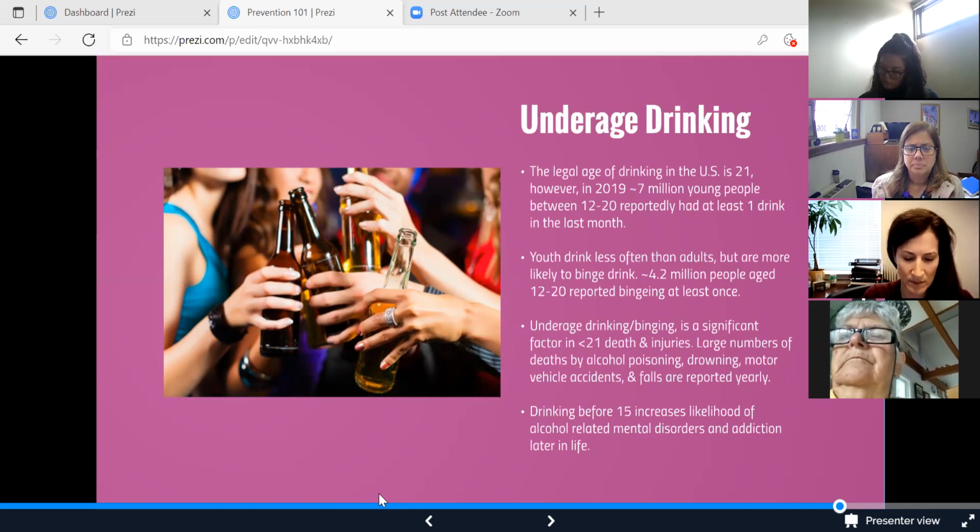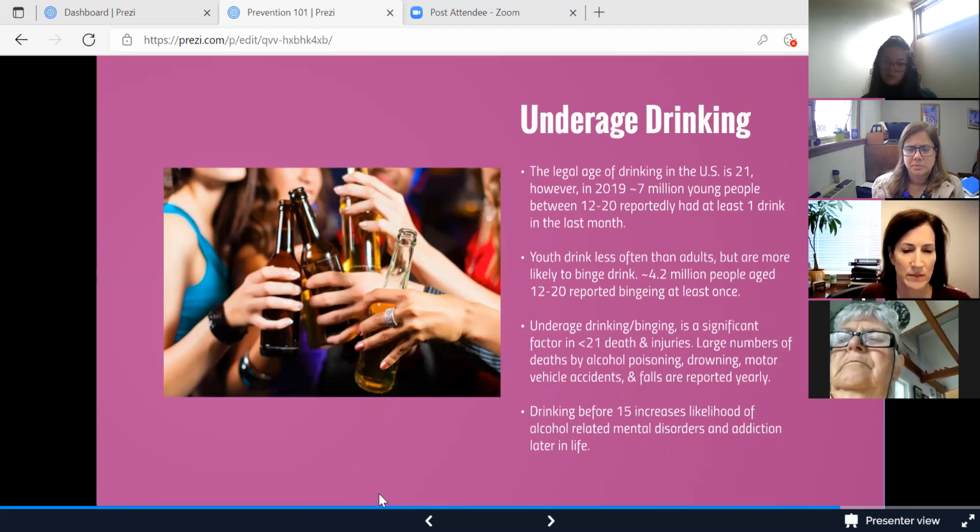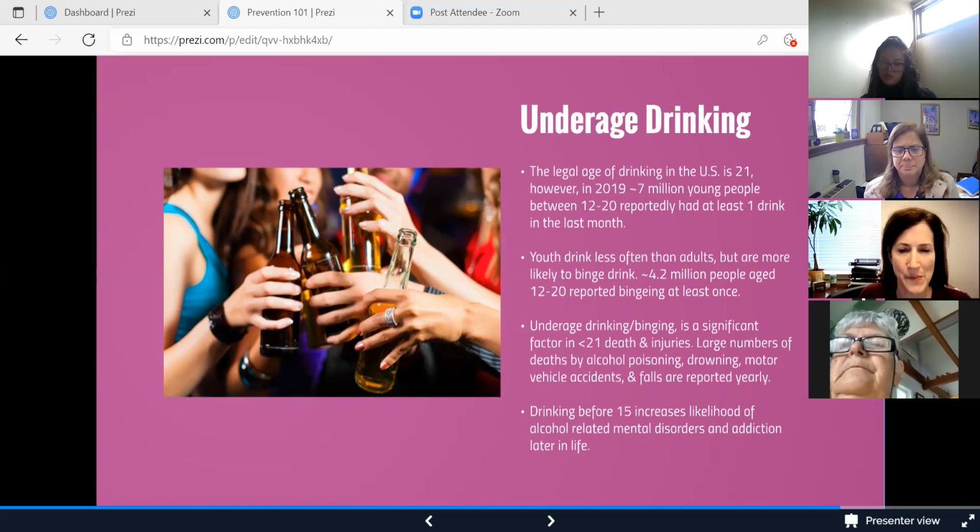Youth drinking is a lot more dangerous than adult drinking, of course, because youth are not as developed mentally to begin with. Youth are also less likely to drink often. However, they're more likely to binge drink, and that is having 4 to 6 drinks at one time. About 4.2 million people aged 12 to 20 have reported binge drinking at least once.